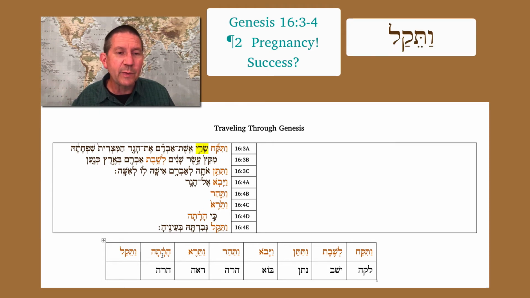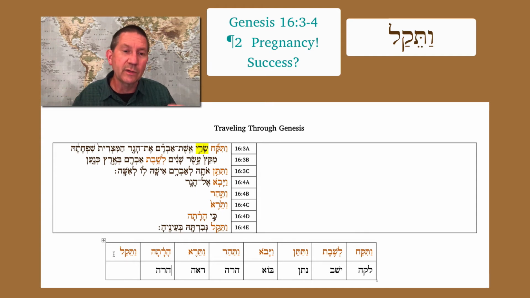And then finally we have vaitekal. And again, we have nothing at the end, a preterite marker at the front. The tav is for 3fs. And the prefix is over a tsere. So just the same structure that we had here with vatera. In this case, it was a final hey. This one is not a final hey. What other options might we be considering?